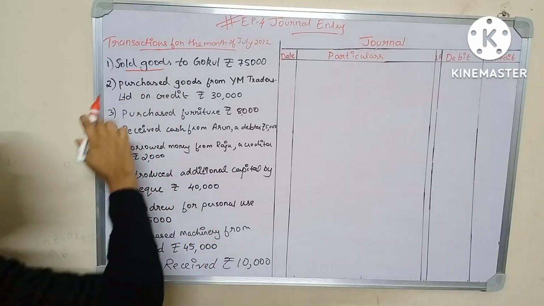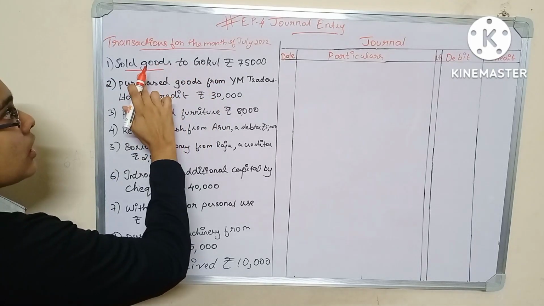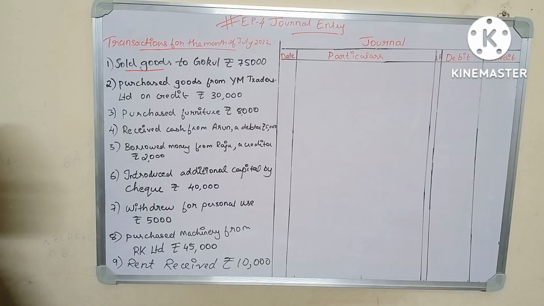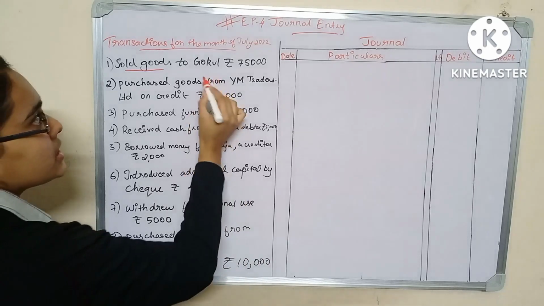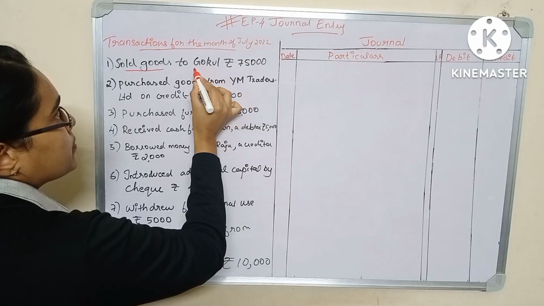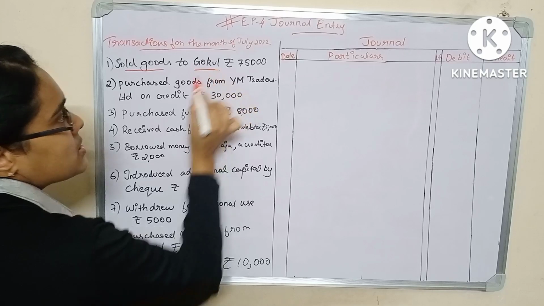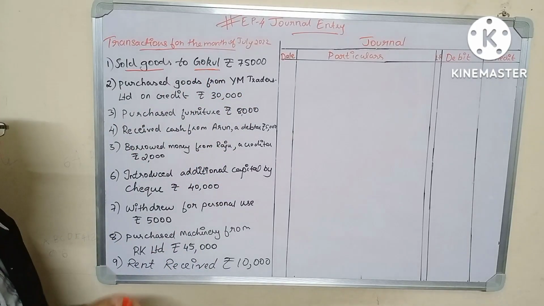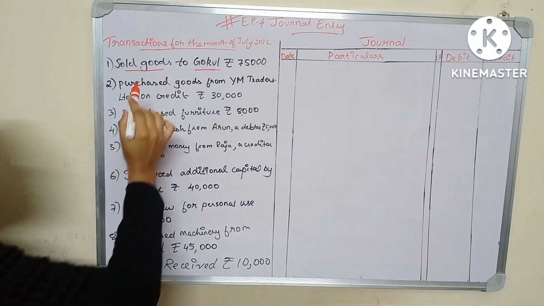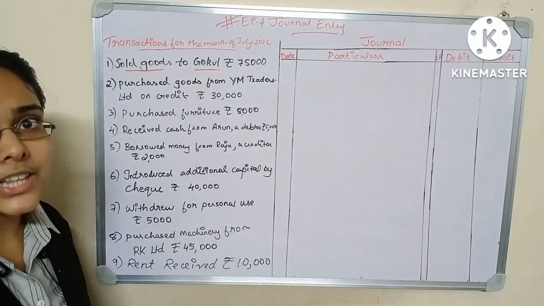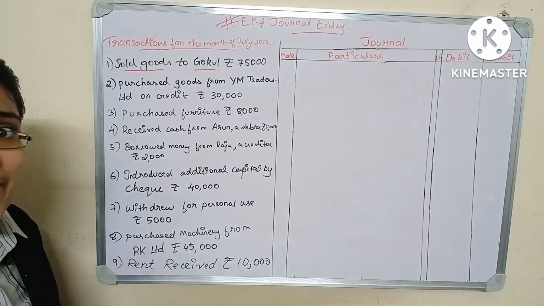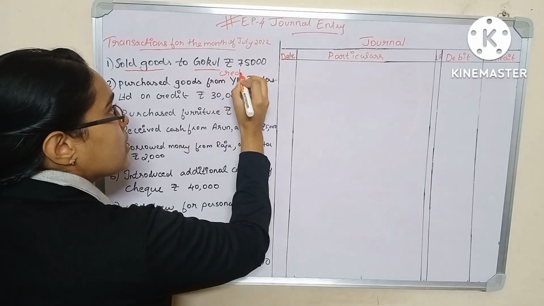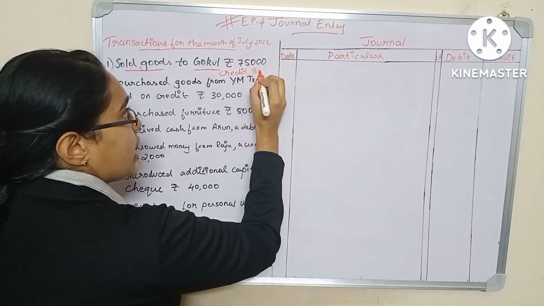Now you can also see that there is no word cash mentioned here. Instead of cash, what is present here? The buyer's name is mentioned here. What is his name? Google. Since there is no word cash used here, it is clear that it is a credit sale.